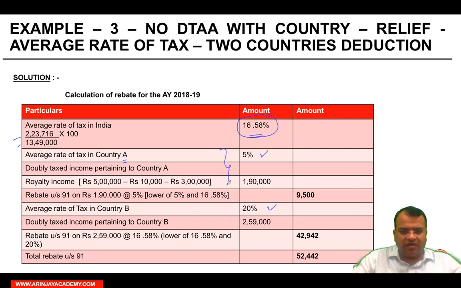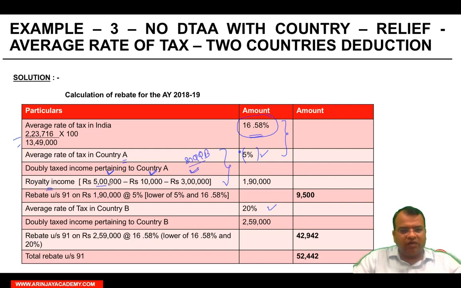So let's consider country A first. Which is the lower of these two rates? 5%. So how much will be the rebate? It will be 5% of what? Of income which has been taxed twice. Right? Now when I look at the royalty income, I got 5 lakh as royalty income. 10,000 was the deduction for expenses that I had incurred, and 3 lakh is the deduction I claimed under 80 QQB.